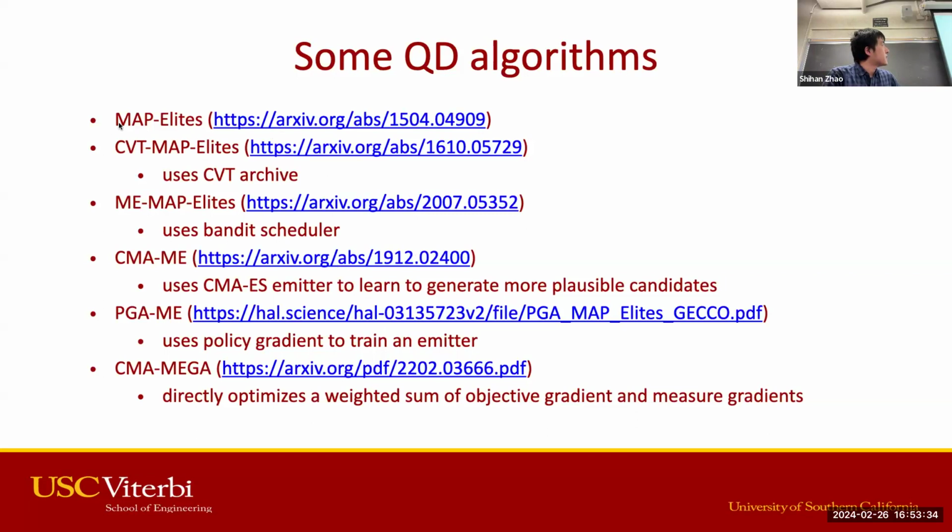So for example, CVT-MAP-Elites uses the centroidal Voronoi tessellation archive. And then we have CMA-ME, which uses the CMA-ES estimator. But these are only meant to help you organize the relationships among these QD algorithms, so they may be a bit on the overgeneralizing side.